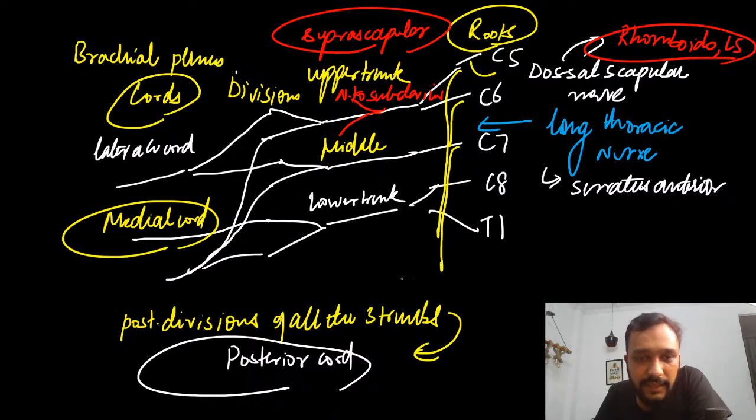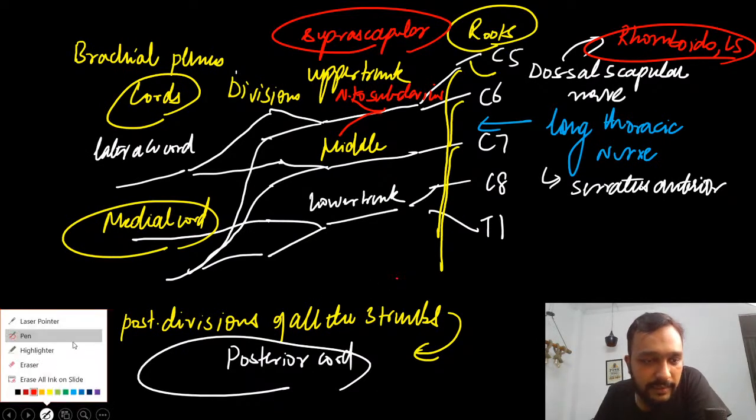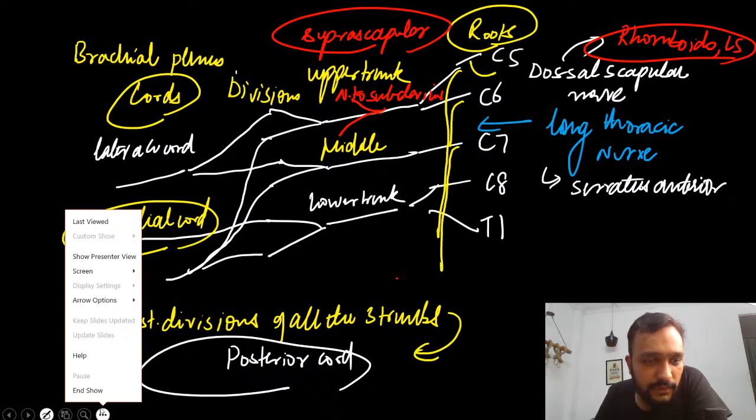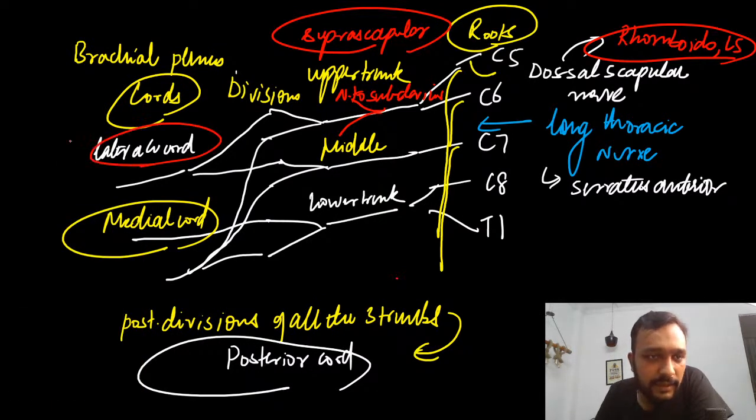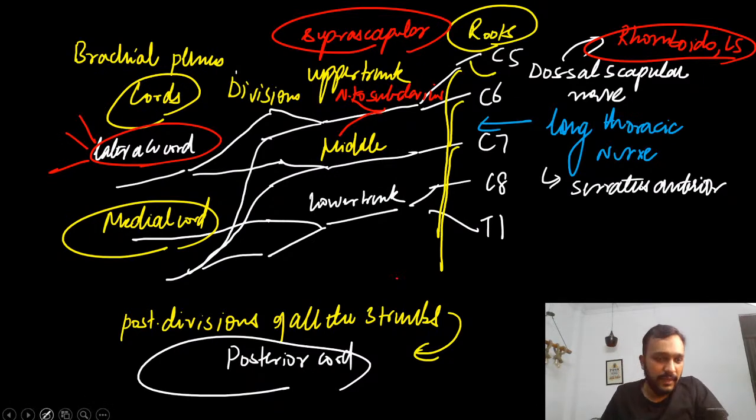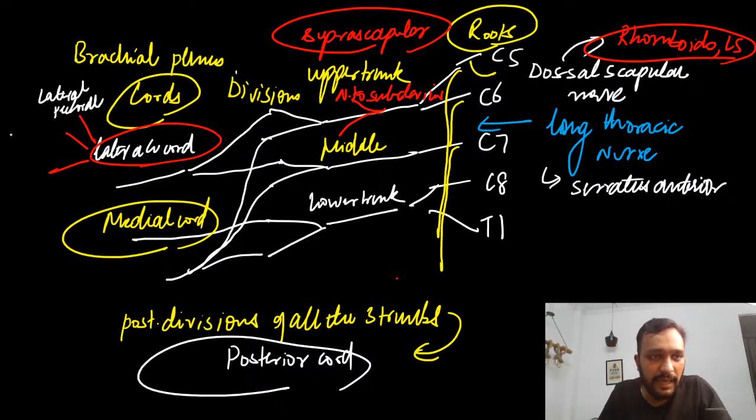Now guys, let us discuss the branches which are going to come from the lateral cord. Lateral cord is going to give three branches. So these include your lateral pectoral nerve, then you have the lateral root of median nerve, and one more branch.